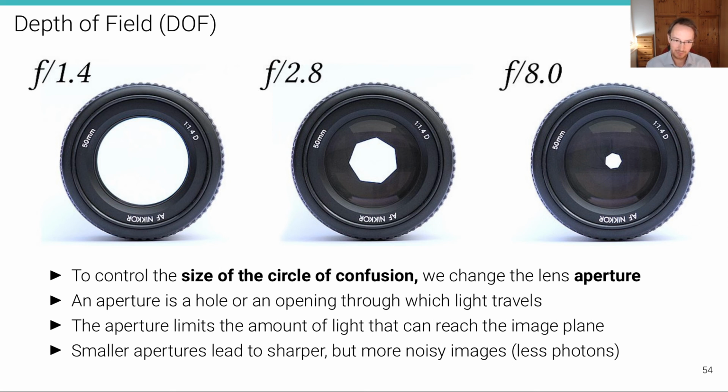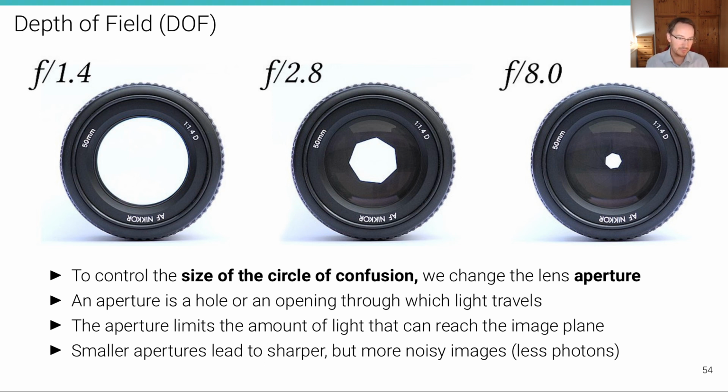Another way to control the size of the circle of confusion is of course to change the lens aperture, and that's why almost all lenses have an aperture that you can set. So here you see a 50mm lens of a DSLR with the aperture, which is just basically a plane with a hole, fully open. This is an aperture of 1.4, and here we have the aperture of 8.0, which is pretty much closed.